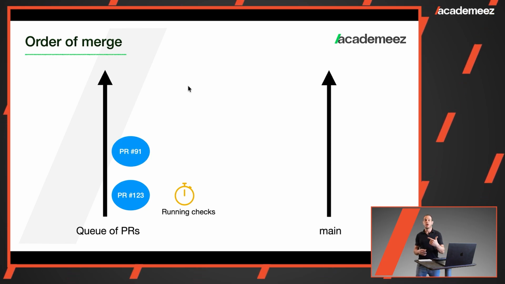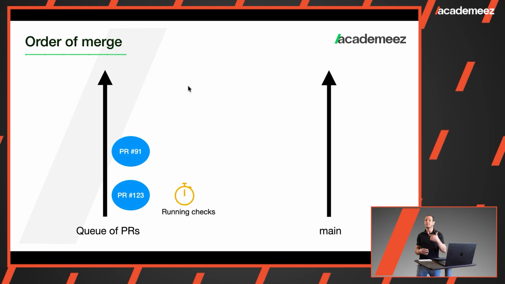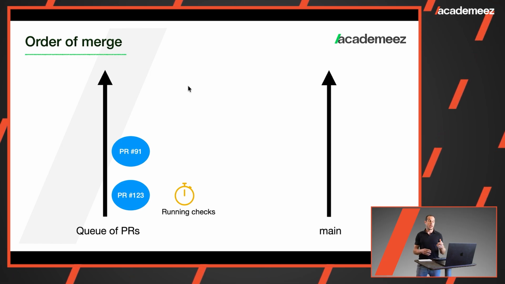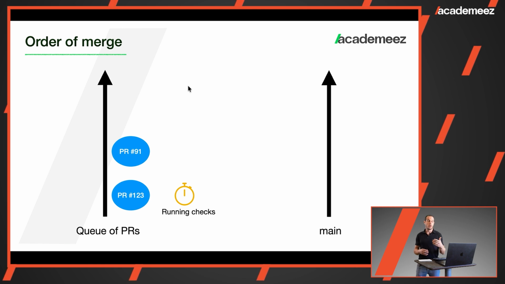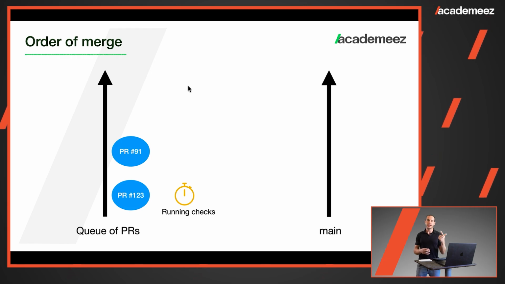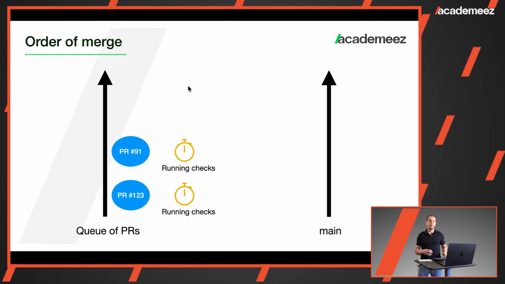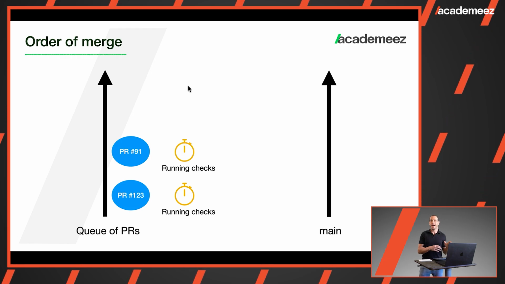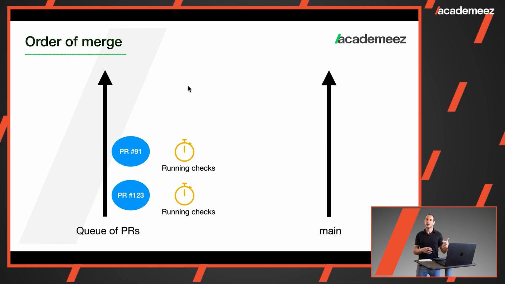Right after it, PR with ID 91 entered the queue as well. Notice that while PR 91 entered the queue, PR 123 before it is still running the checks. It didn't finish running the checks, but it doesn't hold PR 91 back, and PR 91 is also running the checks. They can run the checks in parallel.